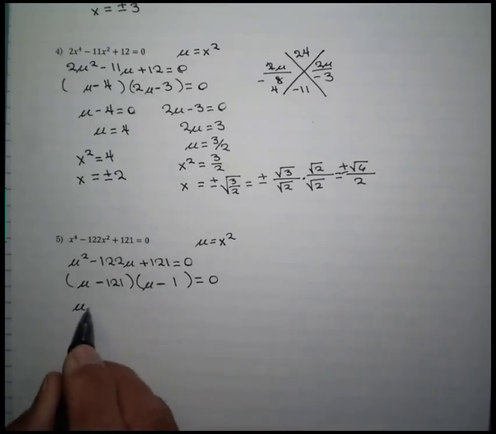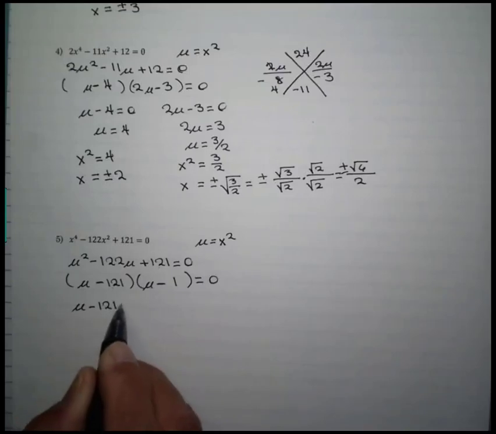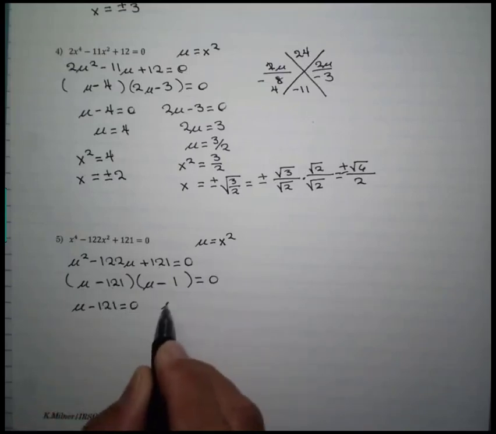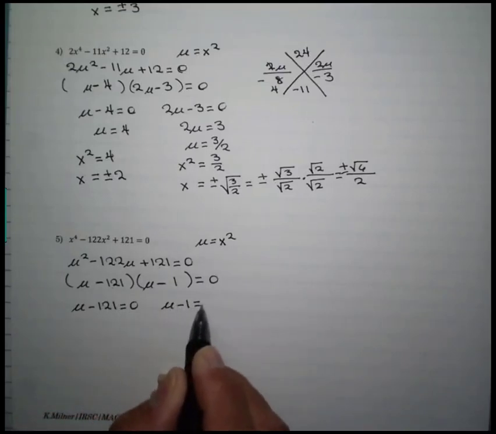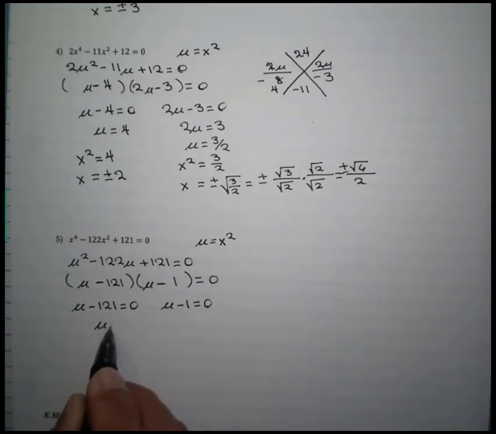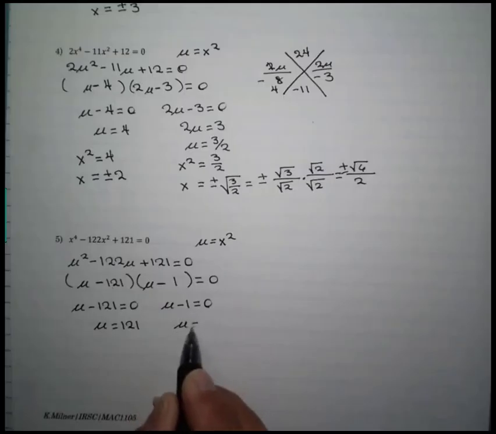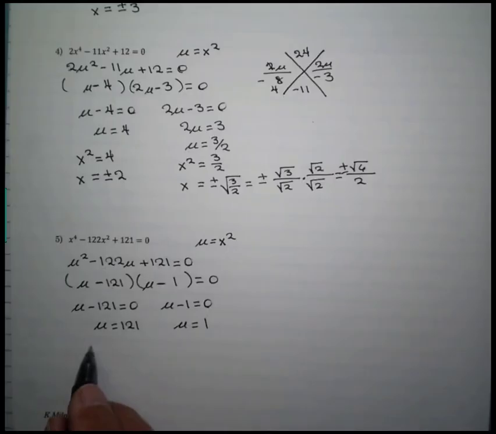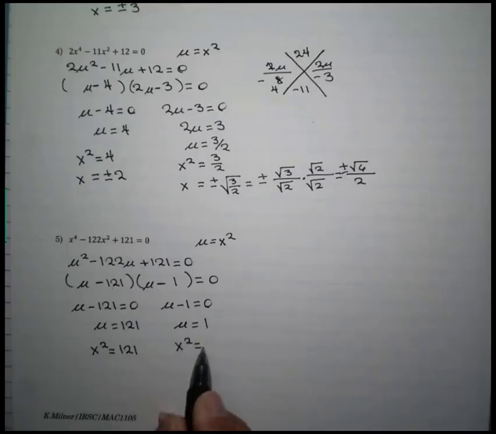And I have u minus 121 equals 0, and u minus 1 equals 0. So u would equal a positive 121, and u would equal a positive 1. And now let's plug in our x squared for u. x squared would equal 121. x squared would equal 1.